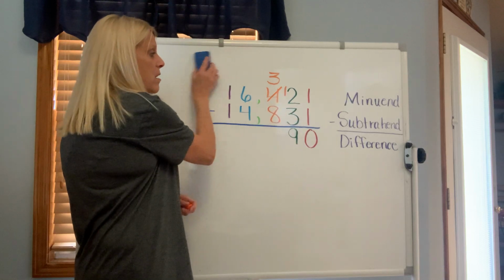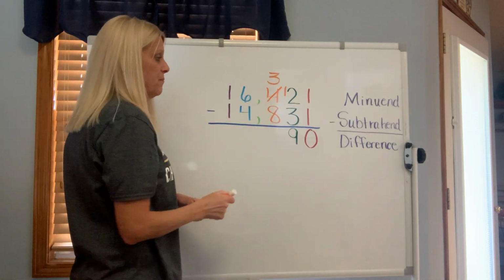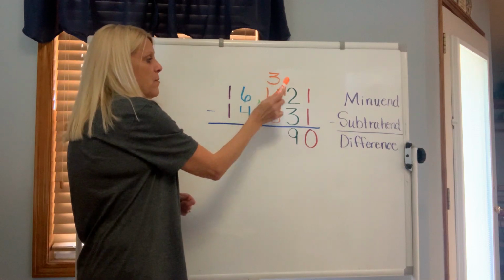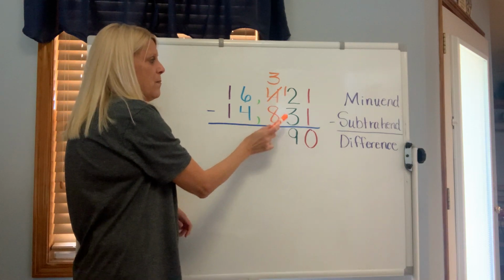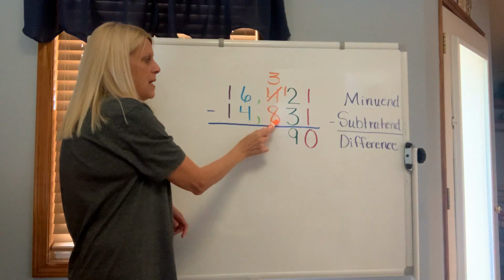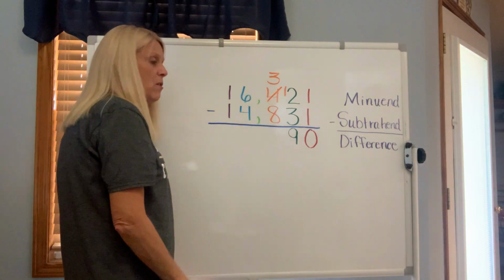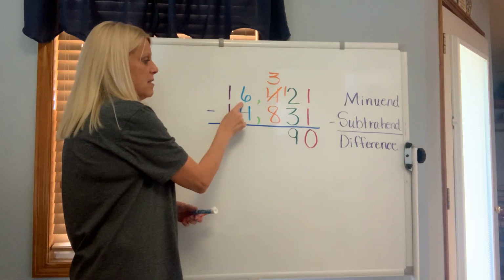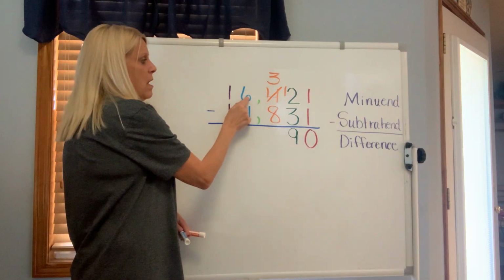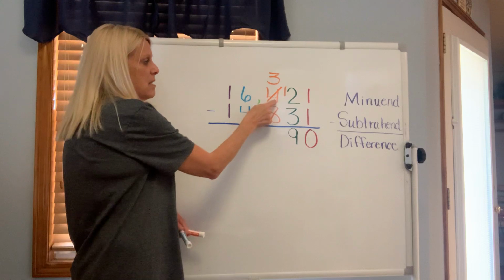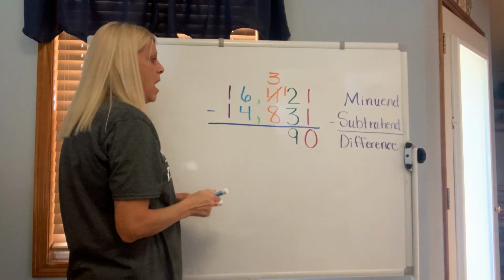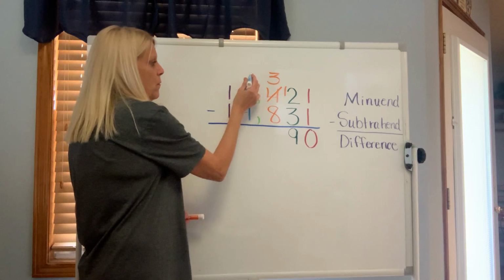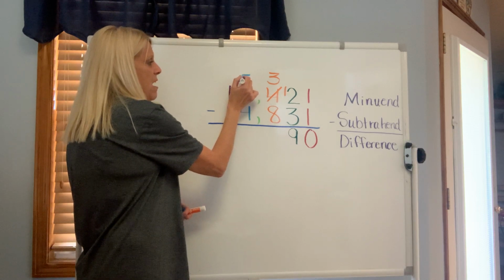And then we move on to our hundreds. Again, we have a smaller number on top than we do on the bottom. We cannot subtract 8 from 3. So we are going to have to come over to the thousands. And we know that 1,000 is equal to 10 hundreds. So I'm going to borrow from the thousands.